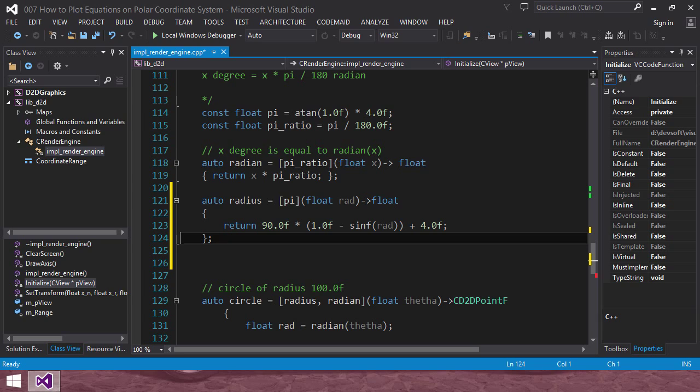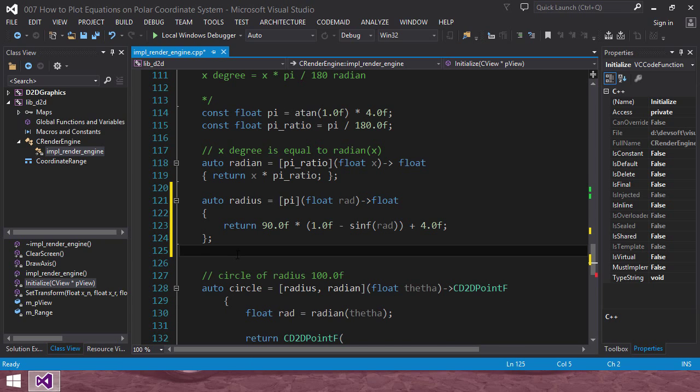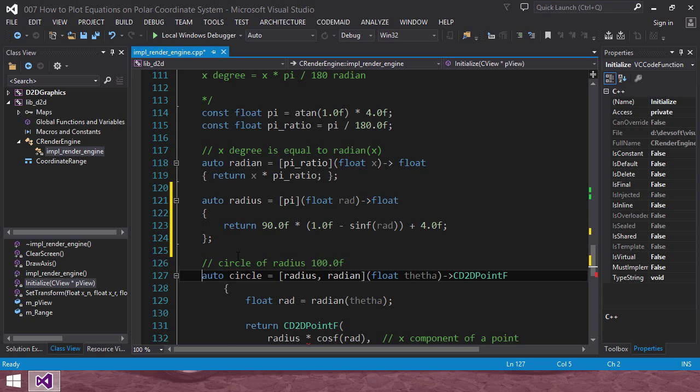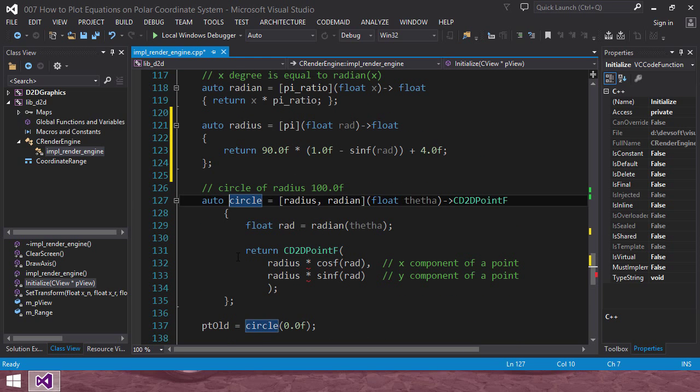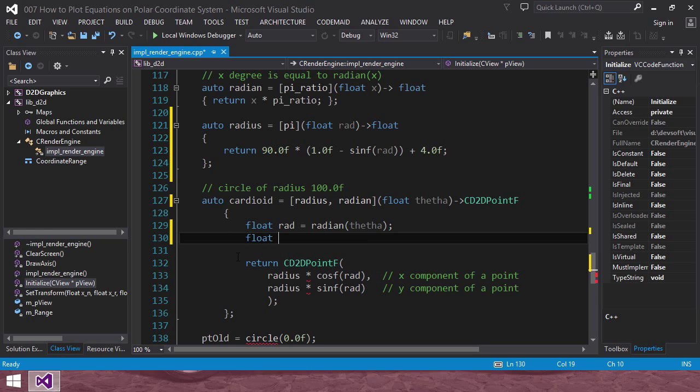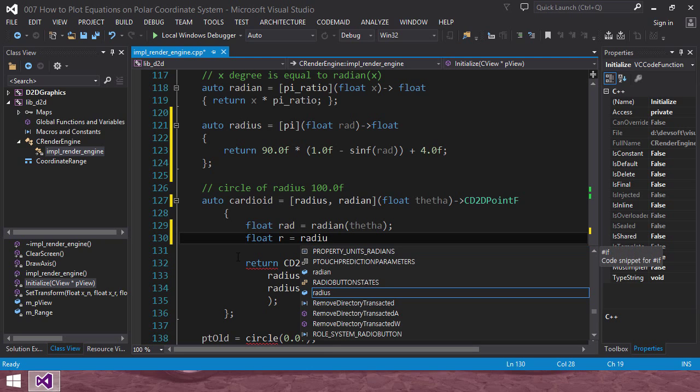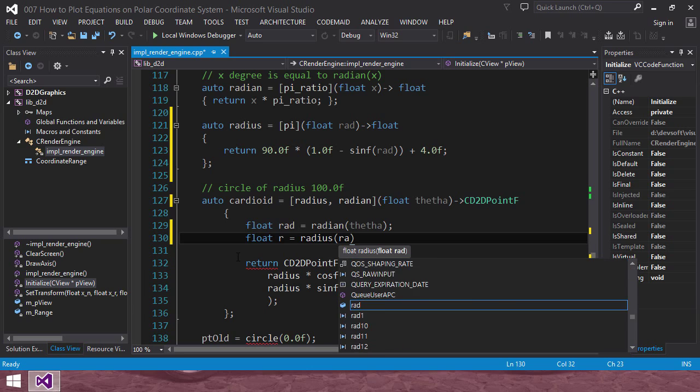Okay, then we want to get cardioid. We don't need it anymore. We change it to cardioid. Cardioid is also a lambda function, it takes radian theta and returns. Plot. Note, we are calling function radius, rad.